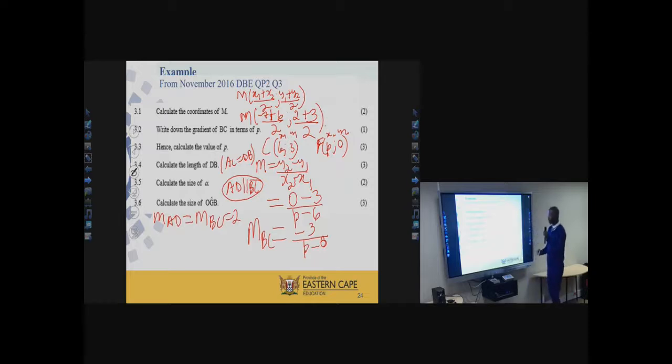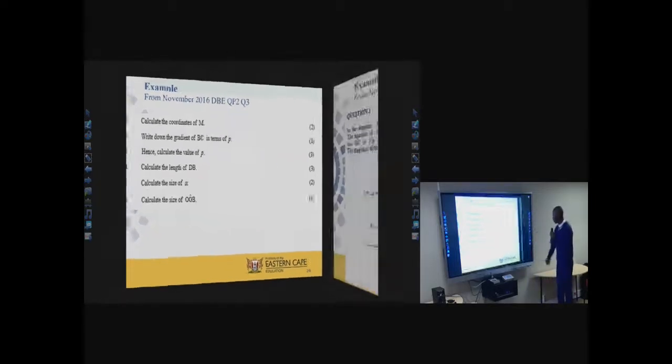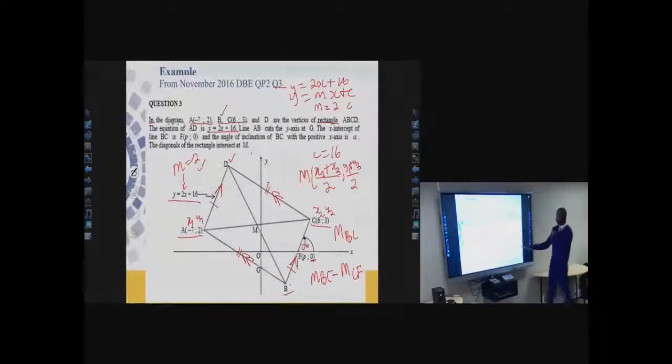Then to calculate the size of alpha, you need to know the gradient of this line, BC. Remember, it takes us back to the properties: what is the line parallel to CB? This line is parallel to that one.